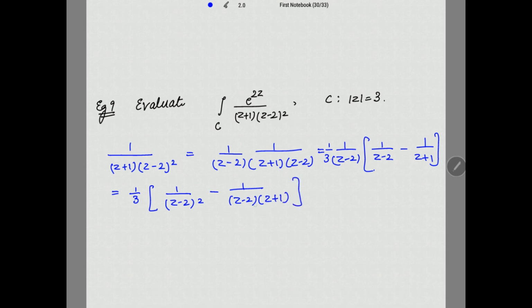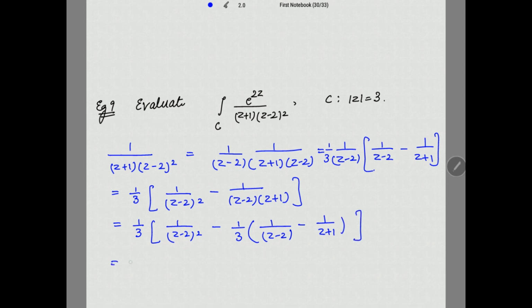Again we have to separate this, which is equal to 1 over 3 of 1 over (z minus 2) whole square, minus, again separating by the same technique I have explained to you, 1 over z plus 1.